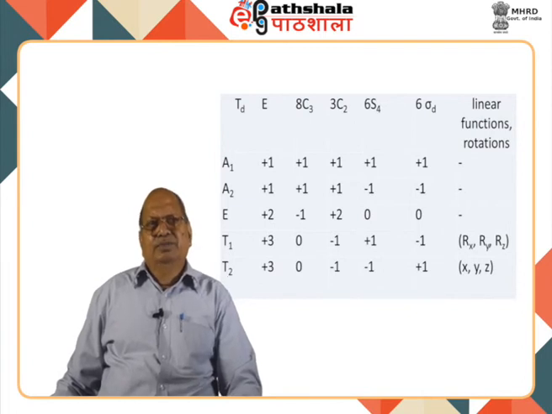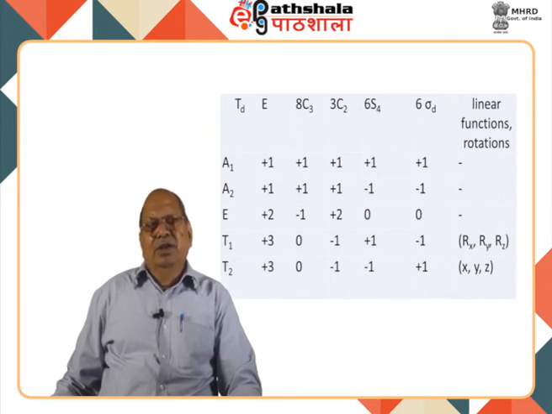If I take Rx, Ry, Rz in the last column, where it is written linear functions, rotations, I find Rx, Ry, Rz are against T1. The basis functions for T1 are Rx, Ry, Rz.